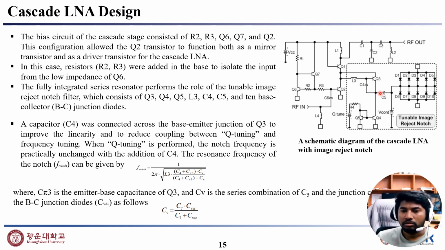When Q tuning is performed, the notch frequency is practically unchanged with the addition of C4. The resonance frequency of the notch is given by this formula, where C-pi is the emitter base capacitance of Q3, and CB is the series connection of C5, and so on.